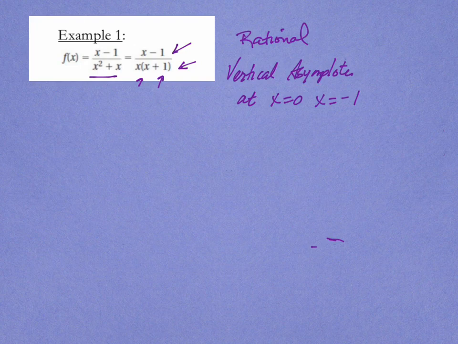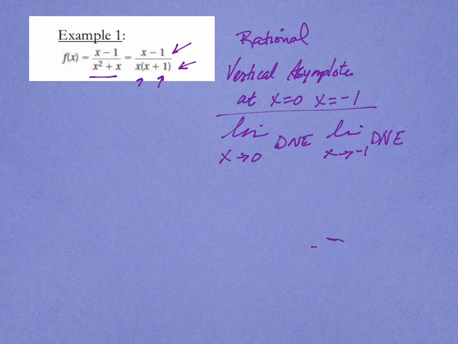And how do I know about asymptotes? The limit does not exist. So if you had to prove it, you'd have to say the limit as x goes to 0 doesn't exist, and the limit as x goes to -1 doesn't exist. Okay, so you know it has vertical asymptotes at x equals 0 and x equals -1.